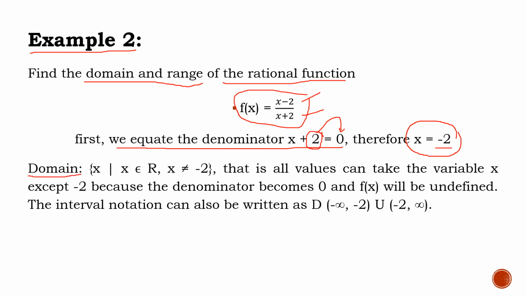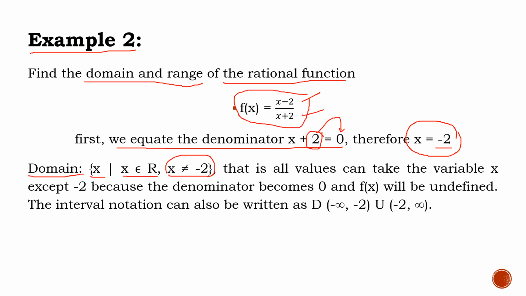So your domain now, your x is an element of all real numbers where x is not equal to -2. Yes, no? Because we're going to exclude from the values that we're going to put as a value of your x variable here in your denominator the value of x which is equal to negative 2, because it can provide you a denominator which is equal to 0.